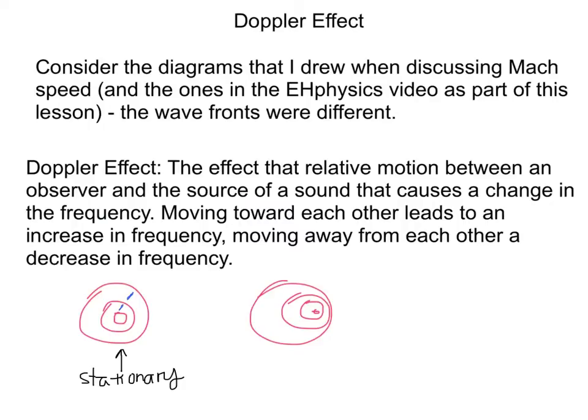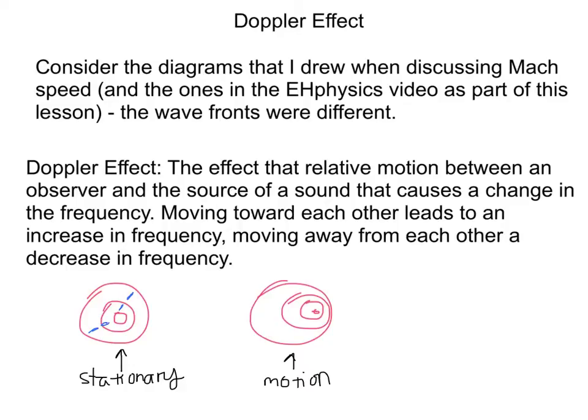So these distances between here, it doesn't matter if I'm on that side or if I'm over here, they're the same. Granted, my drawing's not super, but you get the right idea. So the frequency is going to be the same regardless of where I'm standing compared to where the sound is being created.